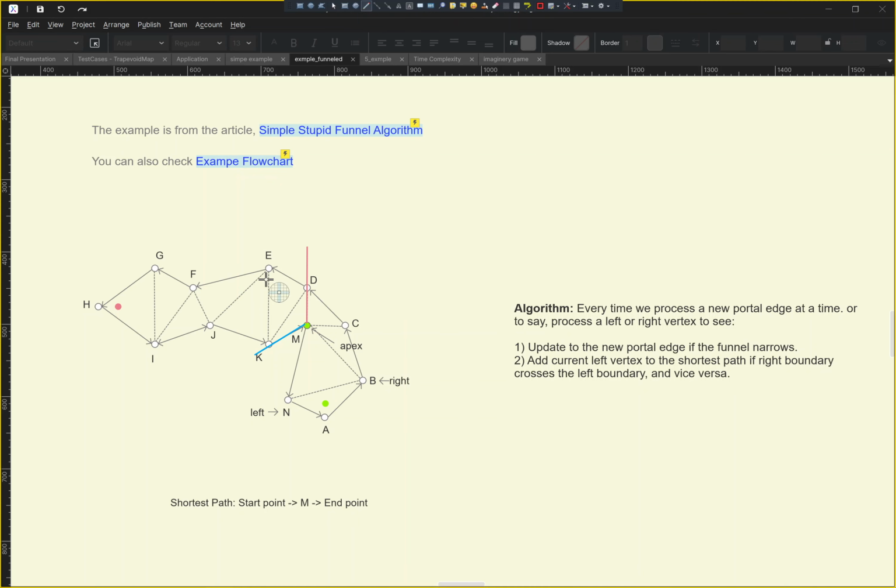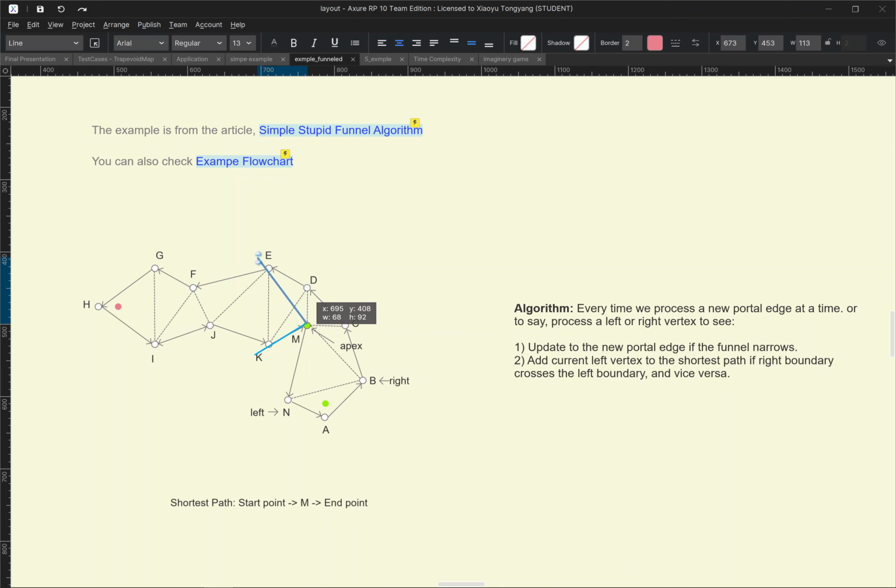At this point, we can run the algorithm again. The next point we need to process is point E. So we move from D to E. It's okay to update. The funnel becomes smaller, and the next point is point J. We move from K to J, and the funnel becomes smaller. It's okay to update. The next is moving from E to F, and this is okay. The funnel always becomes smaller.